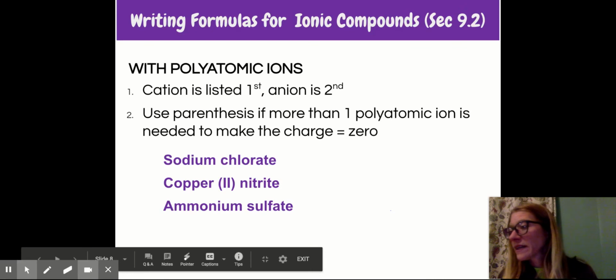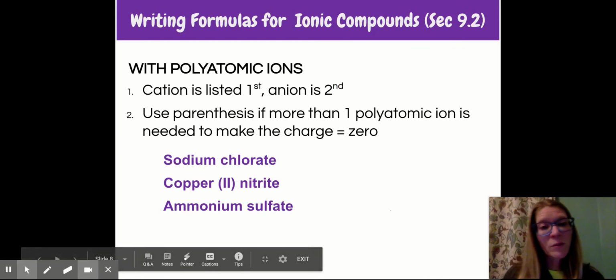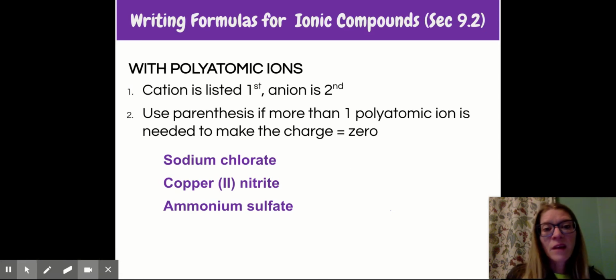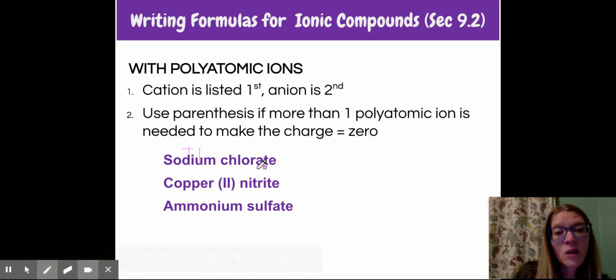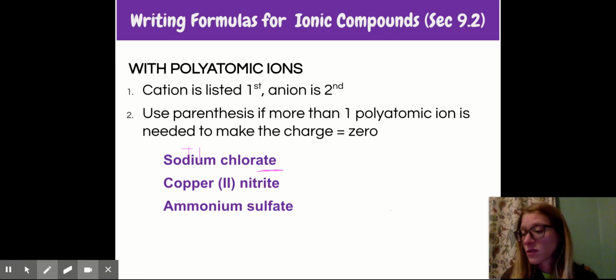All right, and finally, writing formulas with polyatomic ions. So again, cation is listed first, anion is listed second. Again, you will use the parentheses if you need more than one polyatomic to make the charge equal to 0. So sodium is +1. Chlorate, so most of the polyatomic ions, just so you can recognize the name, will end in ate or ite, so ATE or ITE.